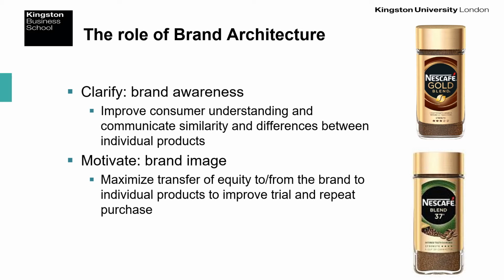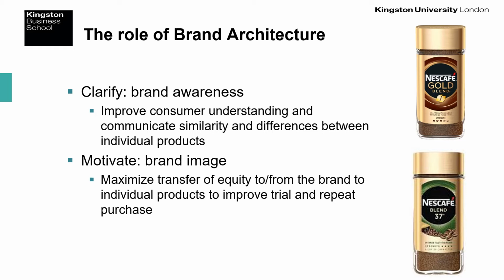And as a result, brand architecture can have a motivating effect on the target customer by drawing upon the image of existing brands. So it can maximise the transfer of brand equity to and from a brand to individual products underneath that brand name, to improve the consumer's propensity to try a product in the first place, and to improve repeat purchase.